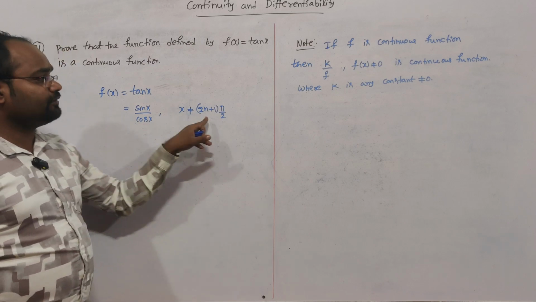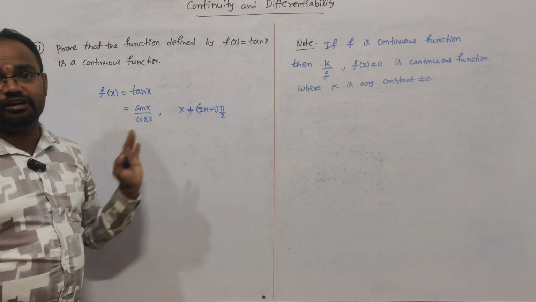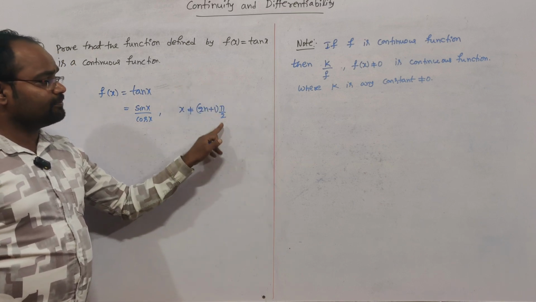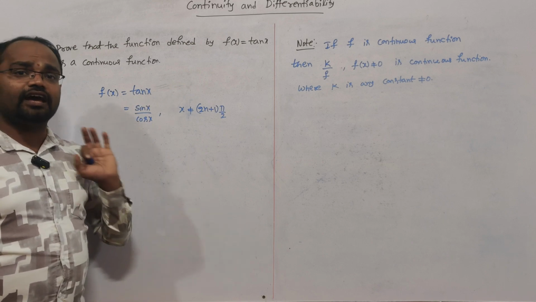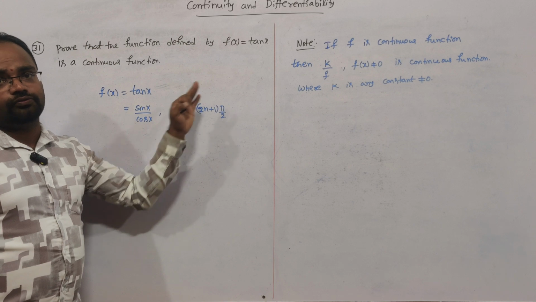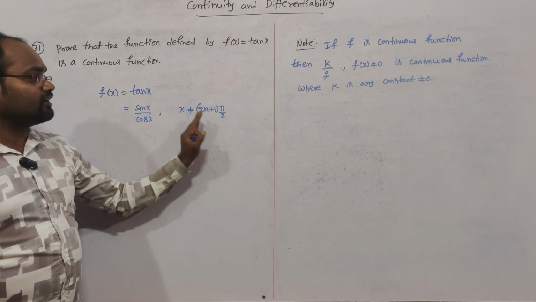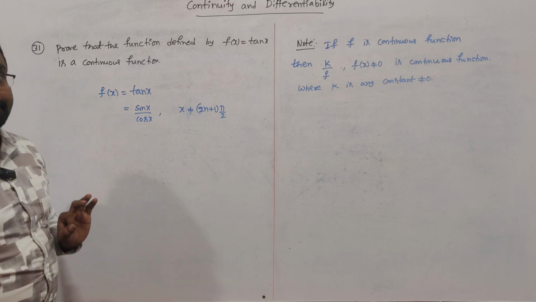So the domain of tan is the set of all reals except odd multiples of pi by 2. For all values except odd multiples of pi by 2, the tan function is defined. But for pi by 2, 3 pi by 2, 5 pi by 2, tan is not defined, so we do not take odd multiples of pi by 2.